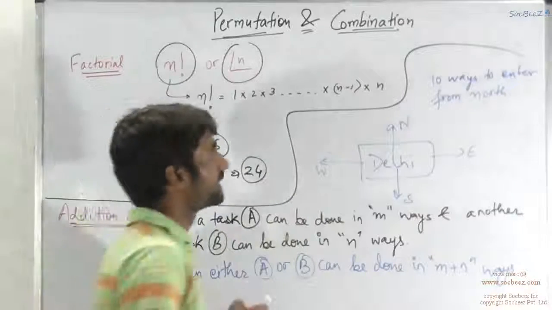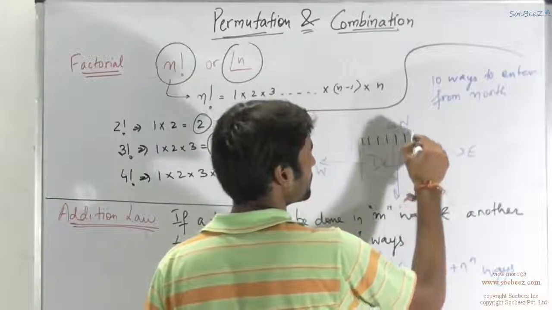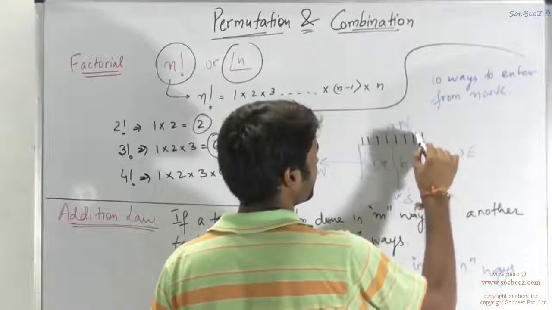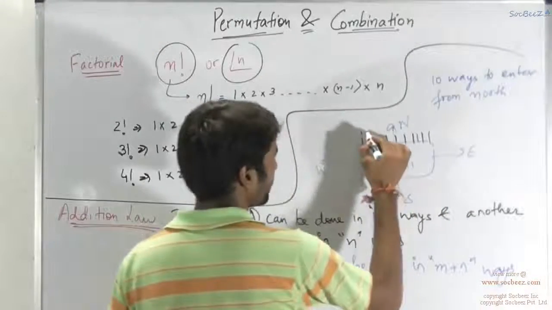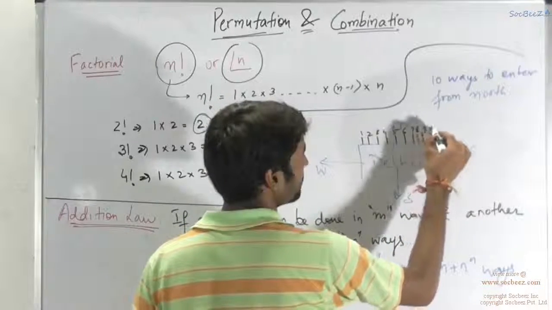Let us plot these 10 entrances: 1, 2, 3, 4, 5, 6, 7, 8, 9, 10.